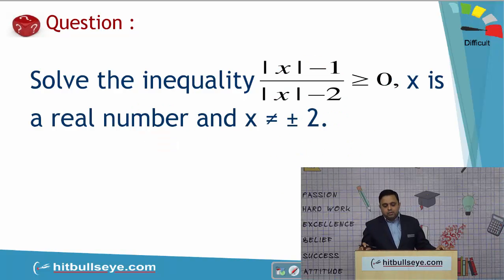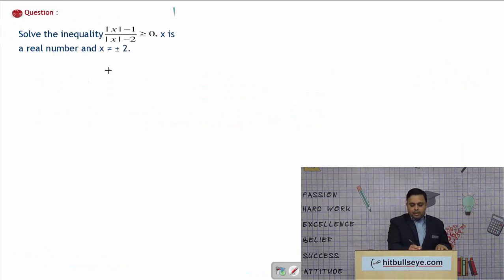Now come to the next question. This one is a little bit trickier. We have to solve this inequality where x is not equal to plus minus 2. For its solution, I have mod of x minus 1 divided by mod of x minus 2 greater than or equal to 0.